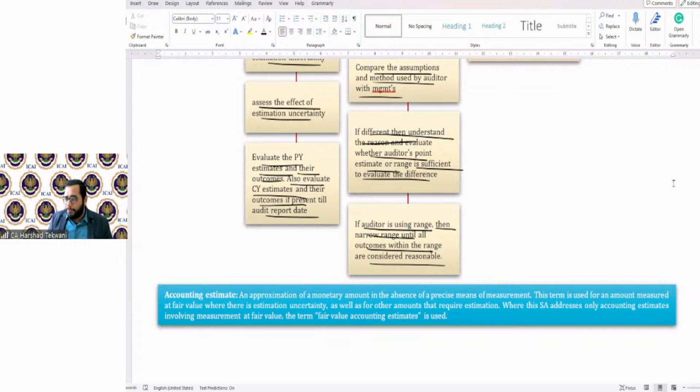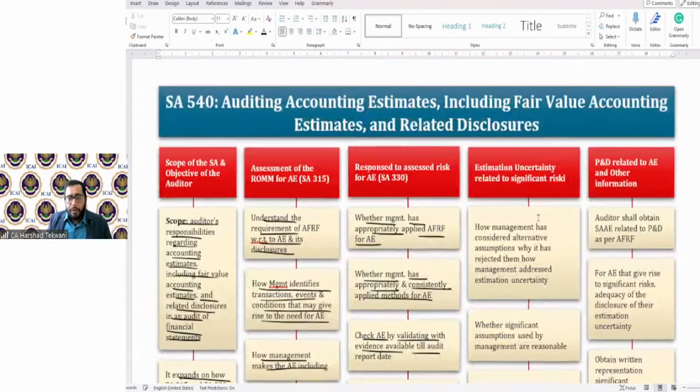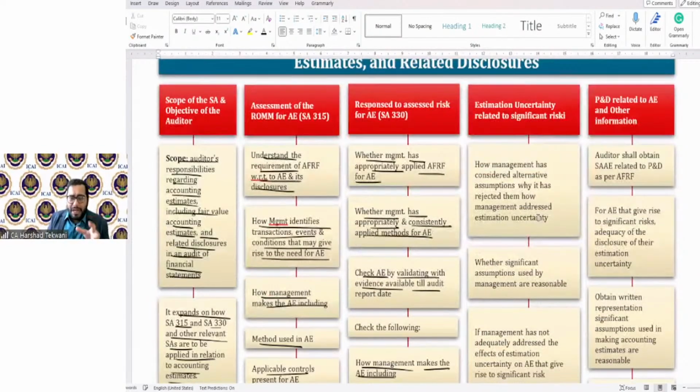Now, with respect to estimation uncertainty, what is estimation uncertainty?